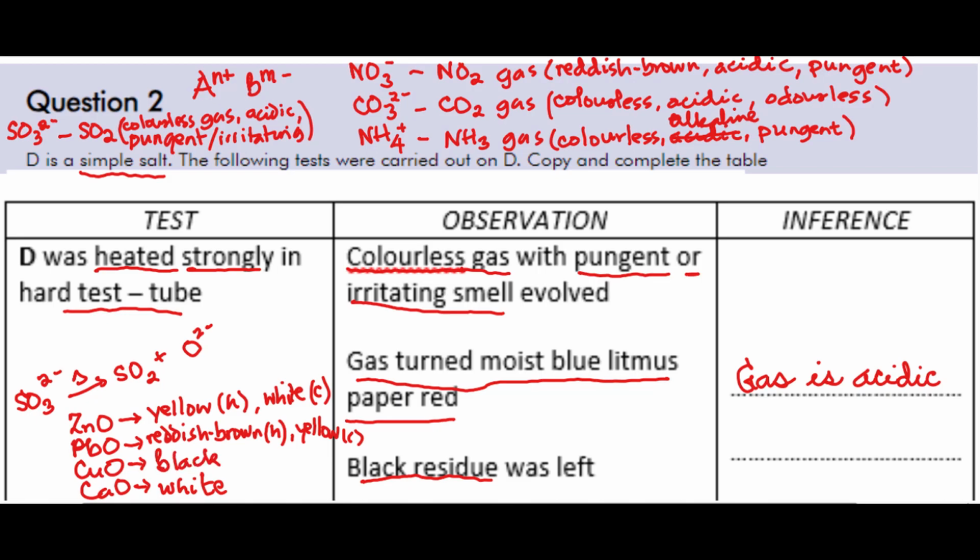Black, whether hot or cold. So the black residue that was left could be copper 2 oxide. We are not sure, so let's just write that the residue could be copper 2 oxide. That's CuO, right? Fine. Let's move on to the next question.